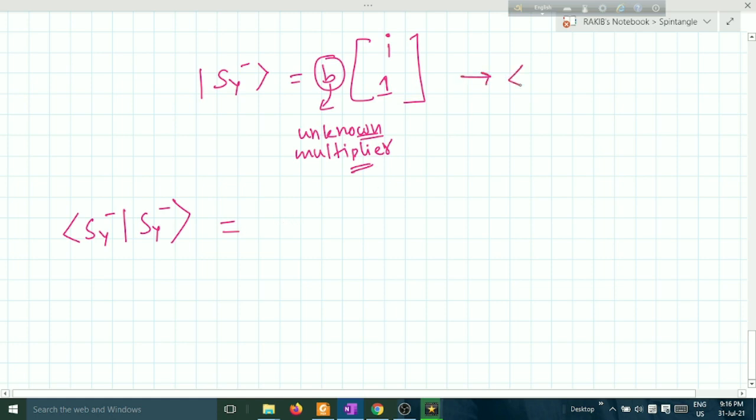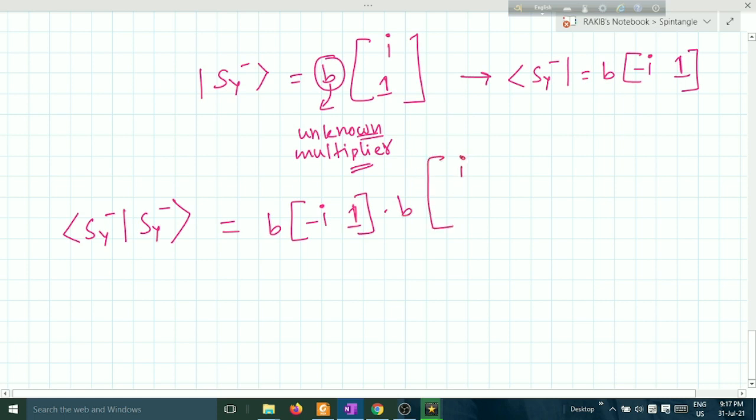From this you can write bra psi minus as follows: b, and the row matrix becomes a column matrix by giving i as minus i, and 1 and 1. This becomes b times minus i and 1, into b times i and 1.